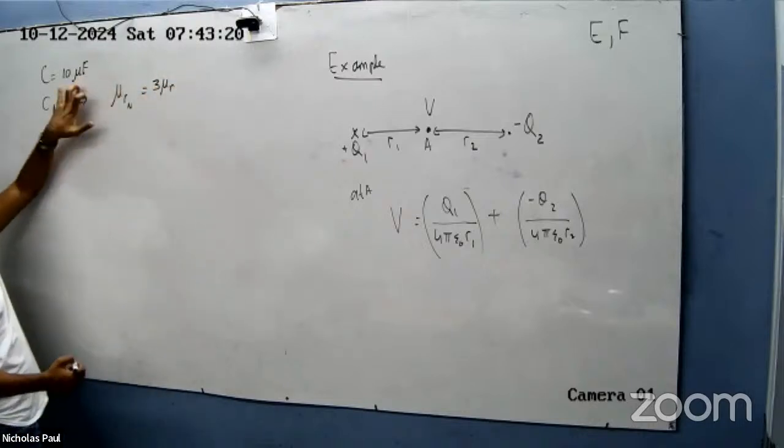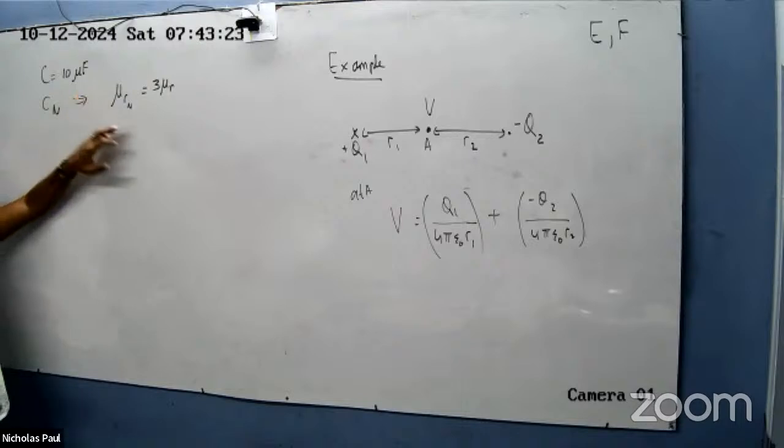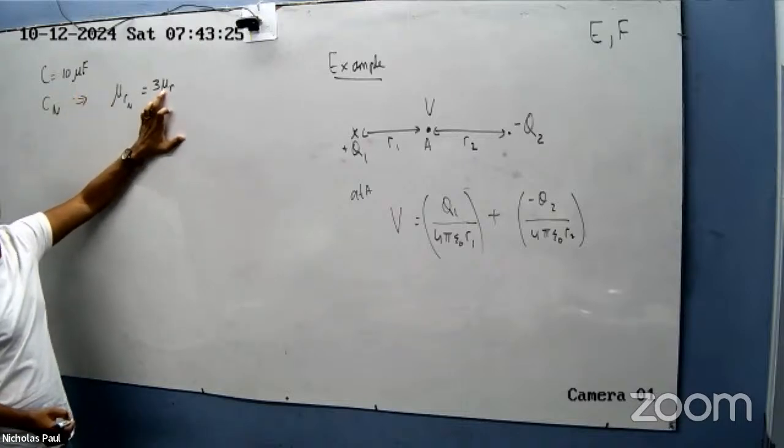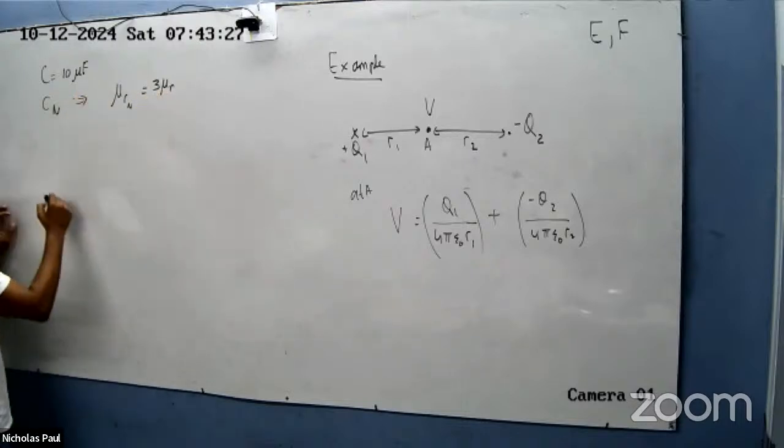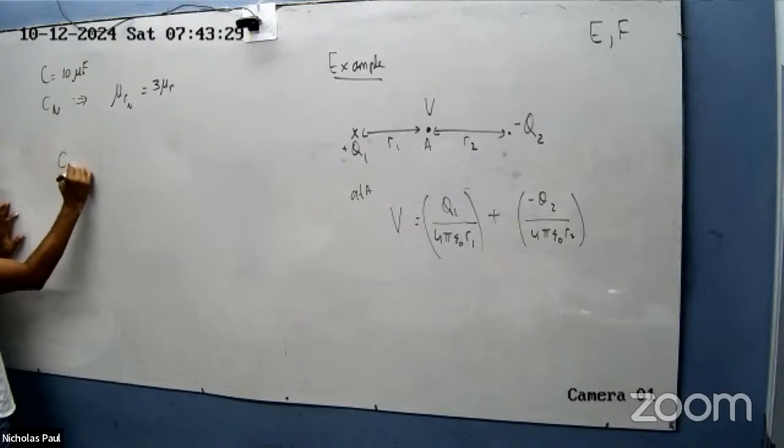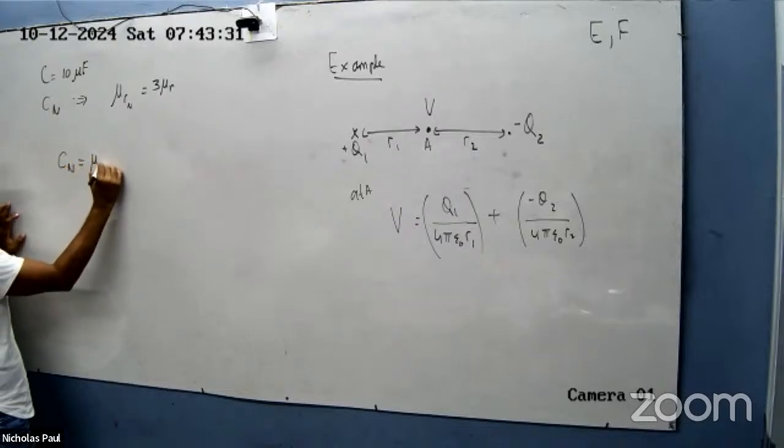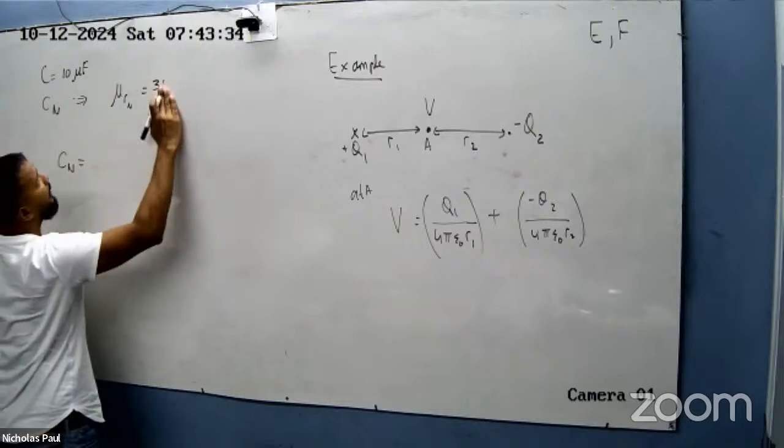So that's 3 times the old one. I was supposed to put mu r on the end there, I just put 3. Sorry, I keep saying mu, I mean epsilon.